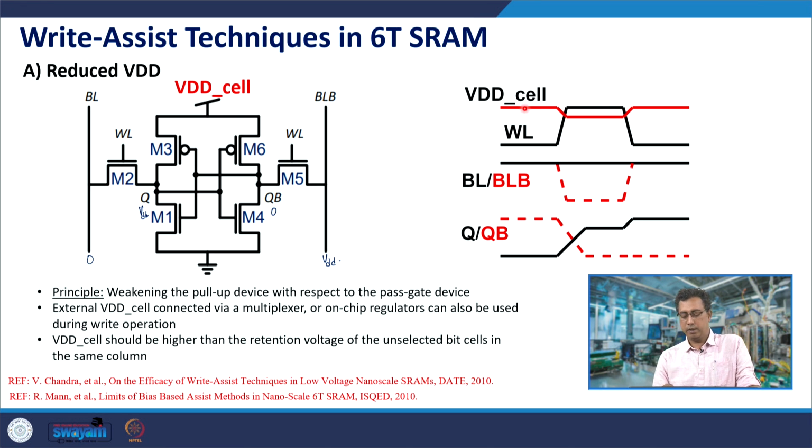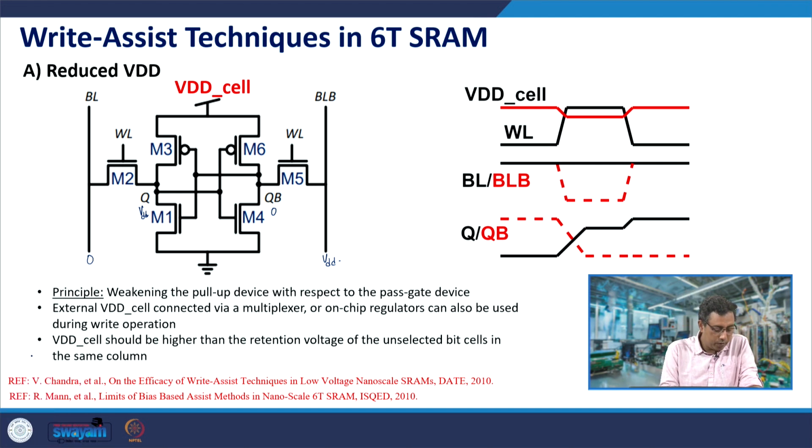So, here VDD cell has reduced while the word line is asserted high, and BL is put to 0. You can see that the high value is now lower because VDD cell is lower, therefore Q, which should be at VDD, is at a lower VDD cell.